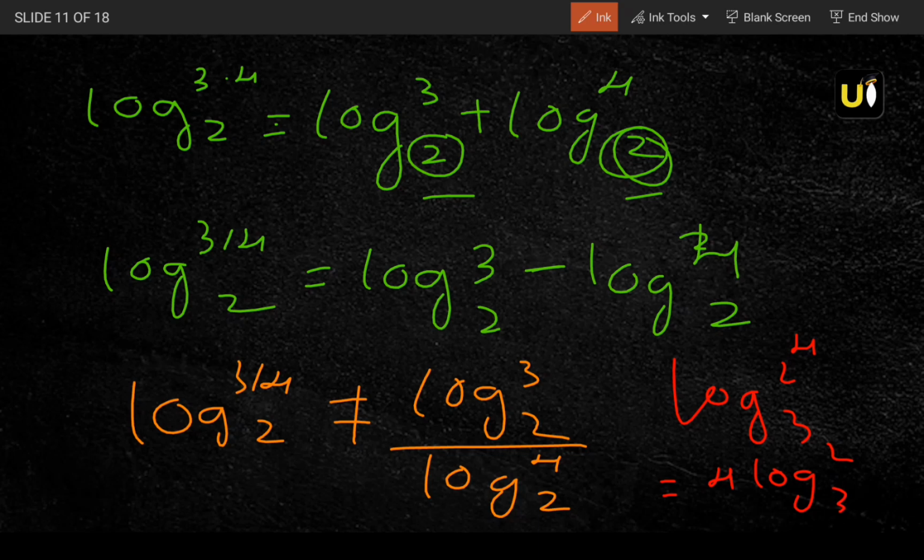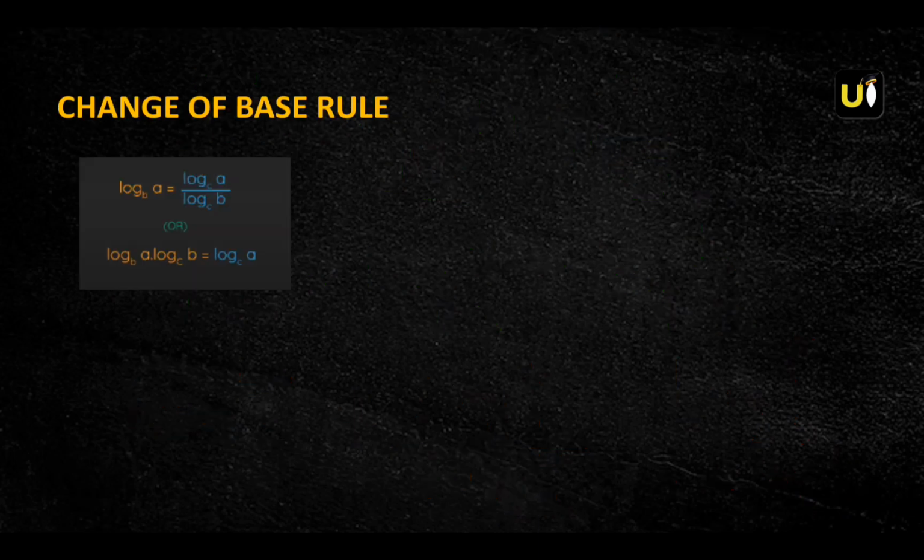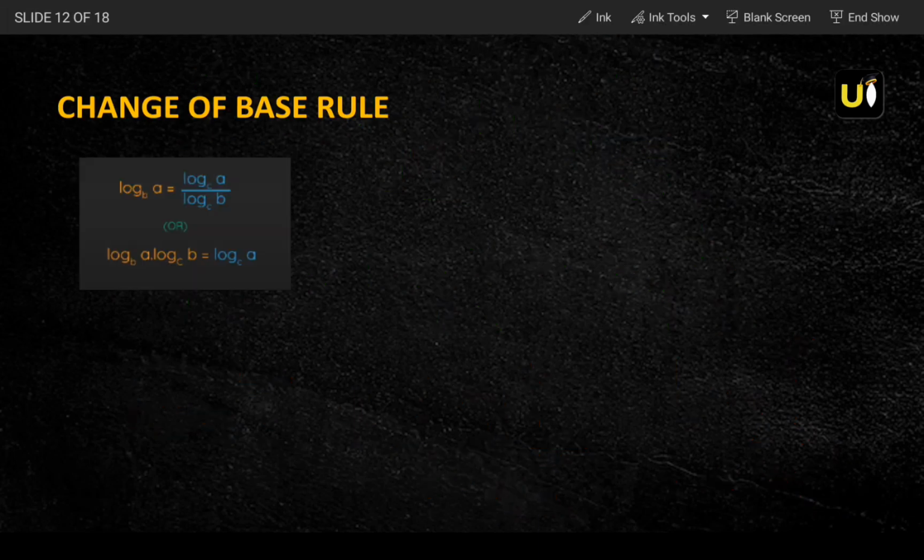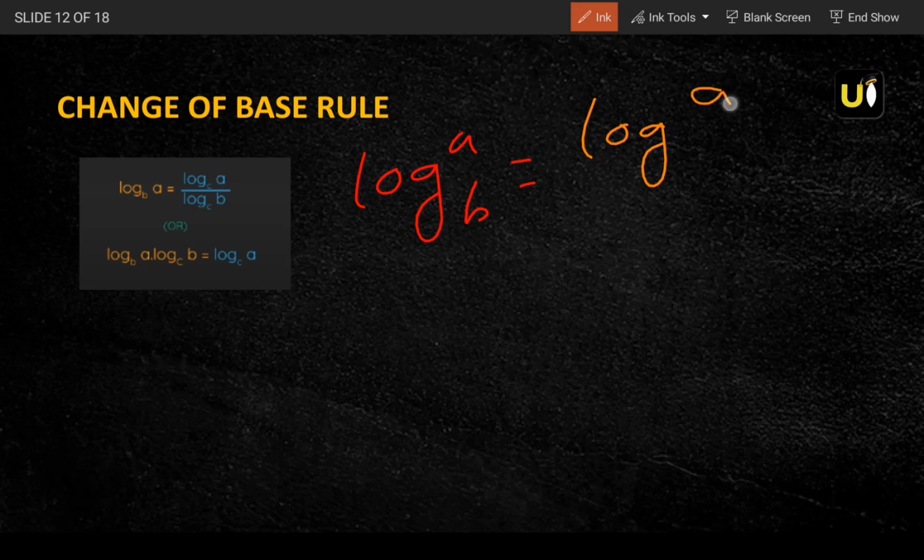Next, the change of base rule. Here, log a to the base b is what you are given. Then you can write this as log a to the base c by log b to the base c.